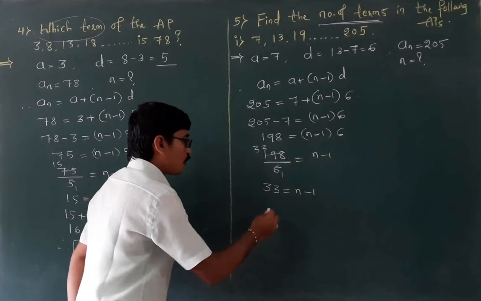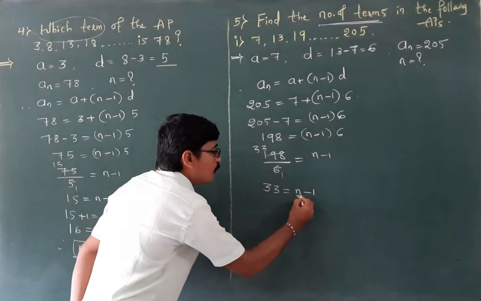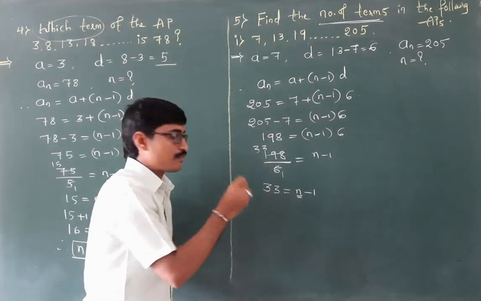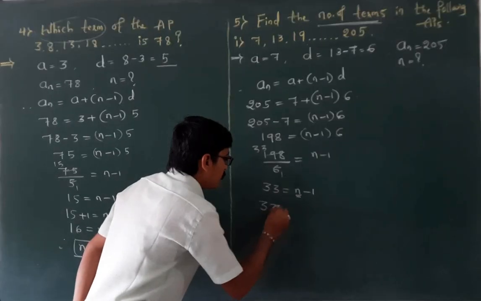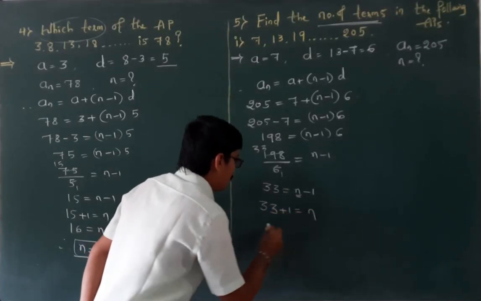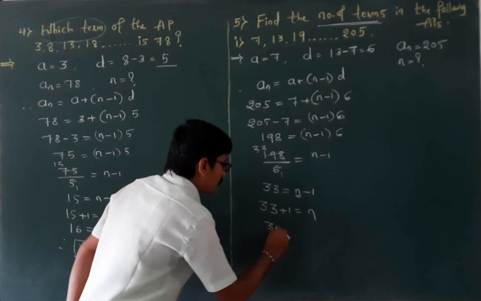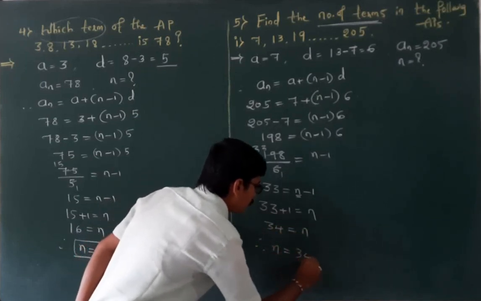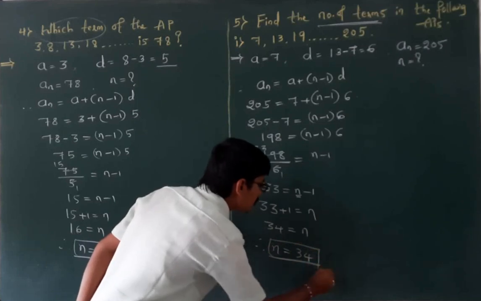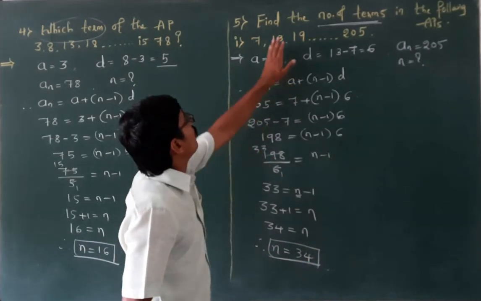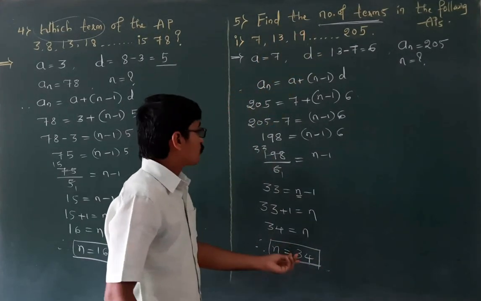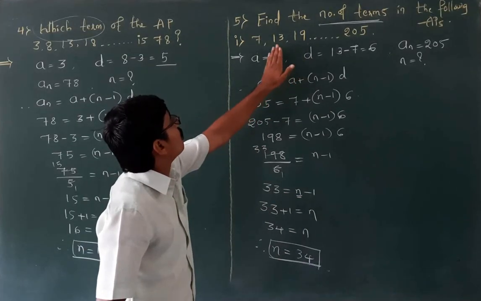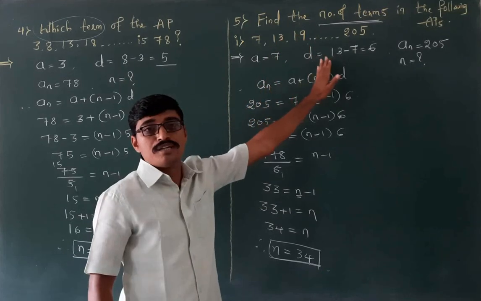So again we want only the n value. 33 plus 1 is equal to n. So 33 plus 1 is 34 is equal to n. Therefore, n is equal to 34. This is the value of n. So here the number of terms is asked. So you have to write the therefore statement. 34 number of terms are there in this AP.